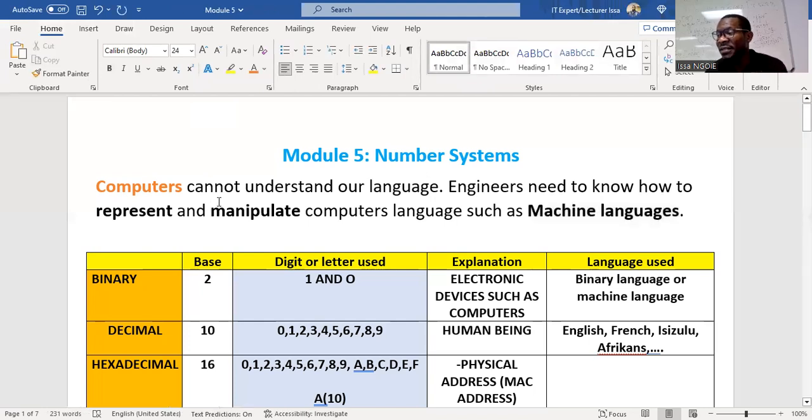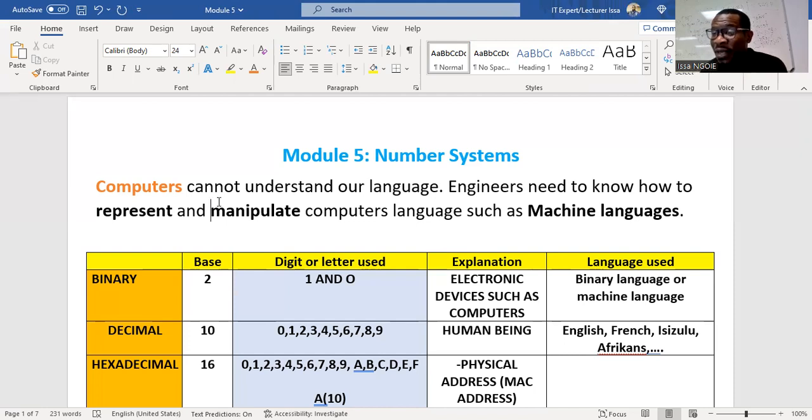Because computers use their own language, you as a specialist, you as an engineer, have to know how to represent those numbers and how to manipulate them. At least you have to understand the language that the computer or your devices will use and how your devices will manipulate those numbers, right?